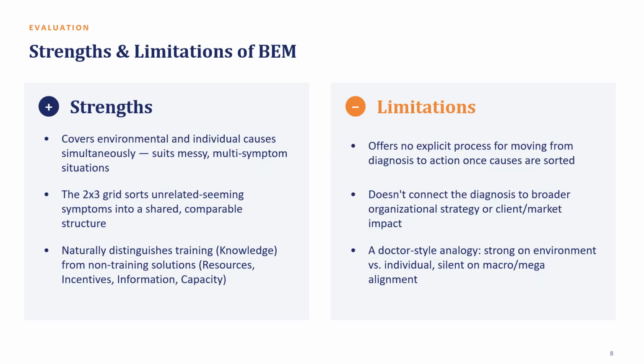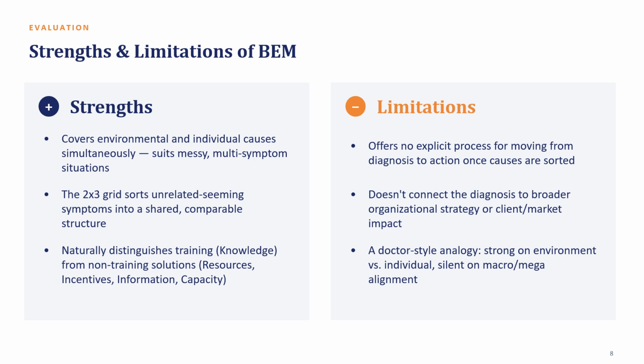In terms of its strengths and limitations, it covers environmental and individual causes simultaneously. It sorts unrelated seeming symptoms into a shared comparable structure, and it naturally distinguishes training from non-training solutions.